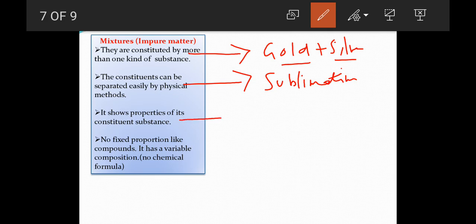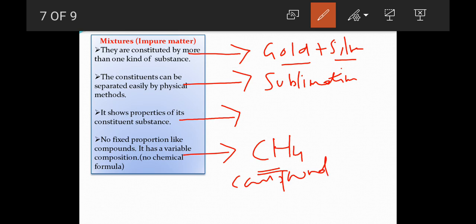Then they show these properties, as I already told you about sugar solution, and no fixed proportion. Let's take the example of methane. When I'm saying methane, I will write CH4. What is this? This is your compound. It has a fixed formula, and you cannot separate it physically.